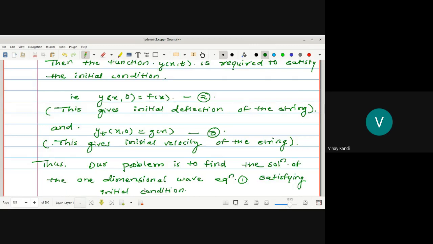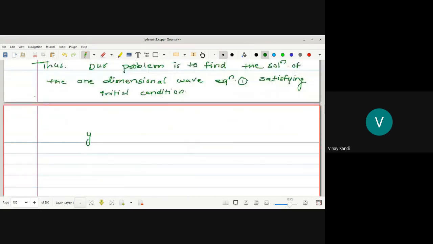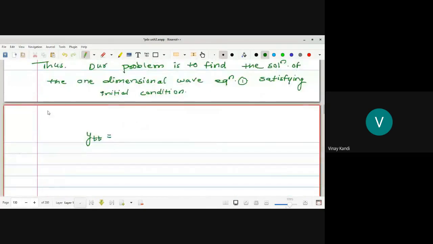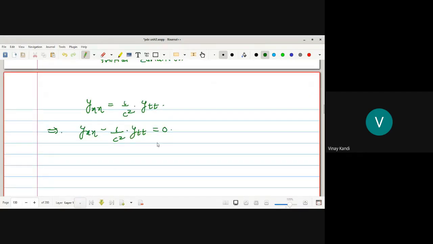Okay, so what is equation number 1? Equation number 1 is nothing but ytt is equal to c square yxx, that is yxx is equal to 1 upon c square into ytt. Okay, this implies yxx minus 1 upon c square into ytt is equal to 0. On comparing this equation, equation number 1, with the standard form, what is the value of r, s and t?